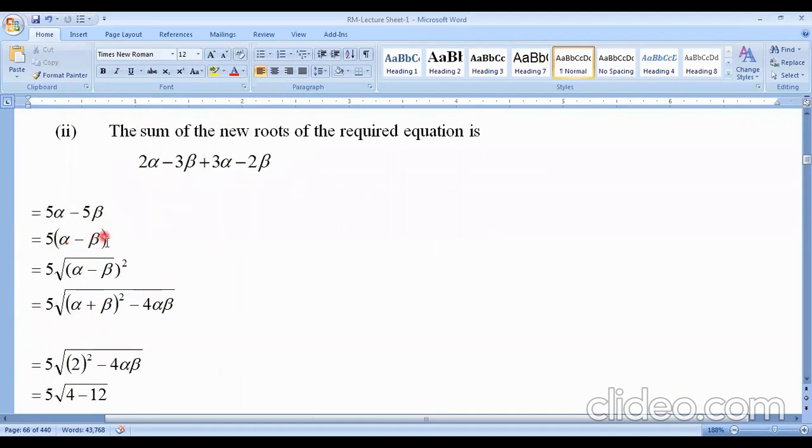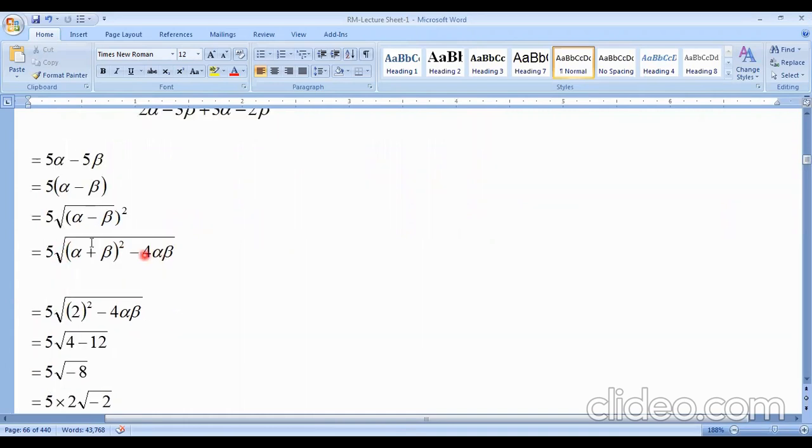Taking 5 common, alpha minus beta can be written as the square root of alpha minus beta whole square. The formula for a minus b whole square is a plus b whole square minus 4ab.